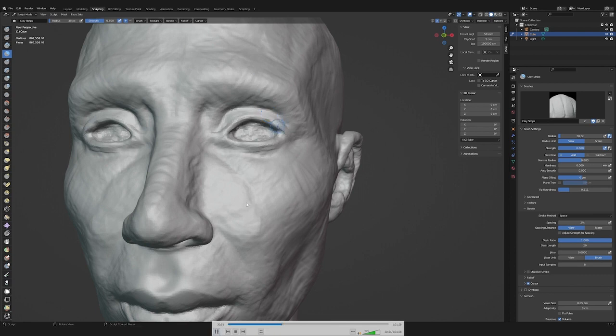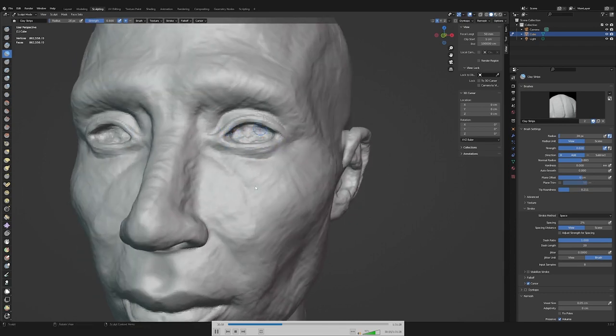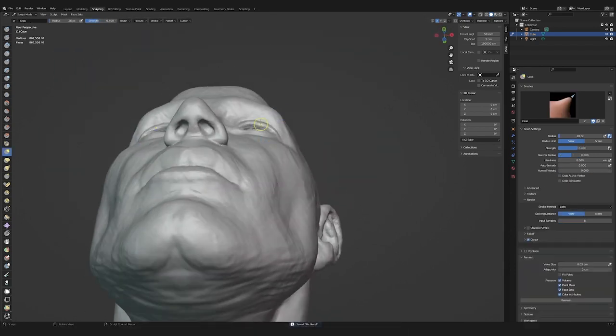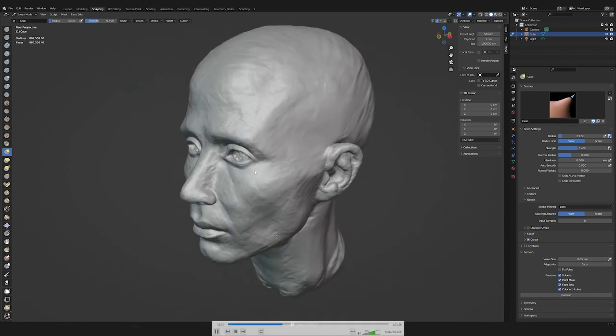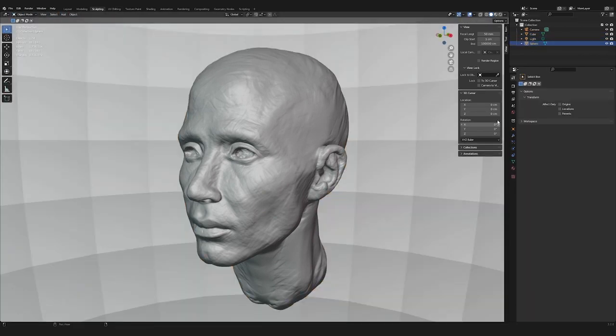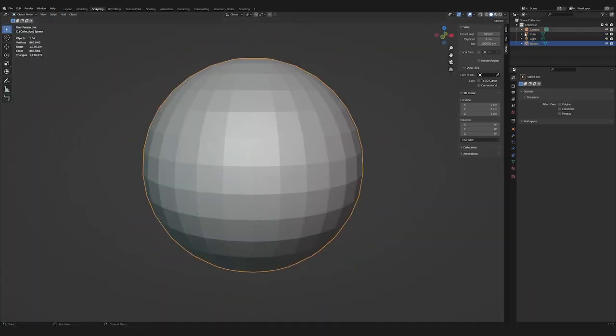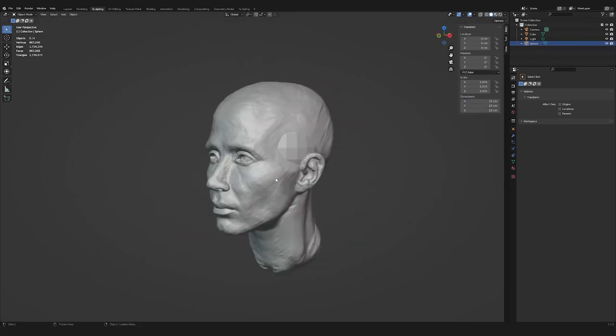You don't have to go crazy on that, but just putting a few brushstrokes and trying to push in the inside of the eyelids a little bit, I just find that it makes it easier afterward to place the eyeballs and to shape the eyelids afterward. But beyond that, there's really nothing fancy about those particular eye sockets, as you can see.